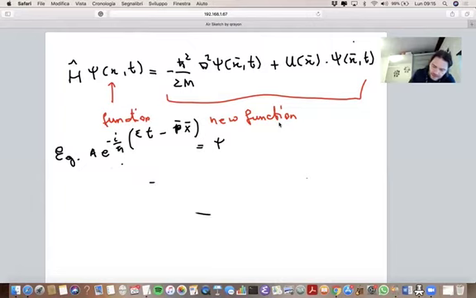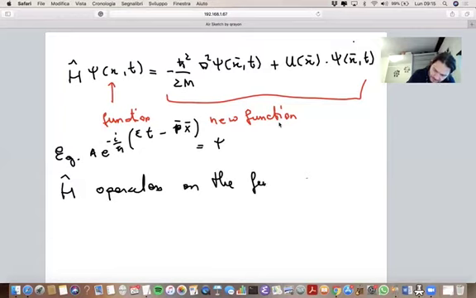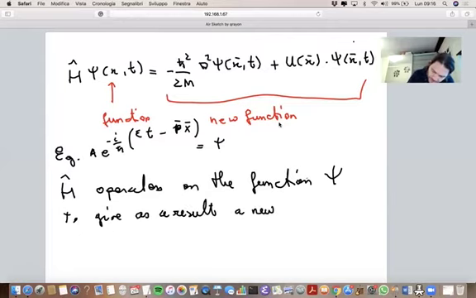So h is something that operates on a function, on the function psi, to give, as a result, a new function psi prime.